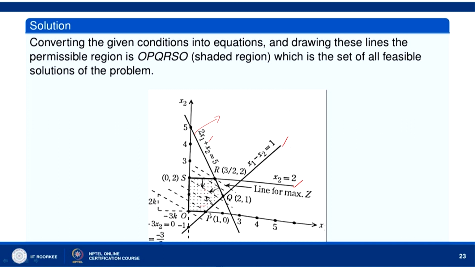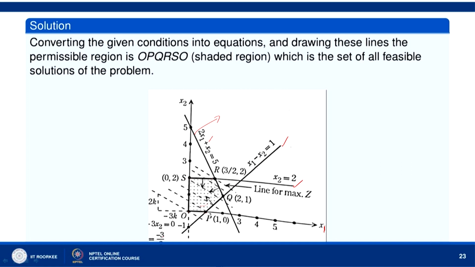Now, let us see which are the vertices here. There are 5 vertices, 1, 2, 3, 4, 5. This point is (0, 0), this is (1, 0), because x 2 is 0 here on the x 1 axis. This point can be obtained by putting x 2 equal to 0.